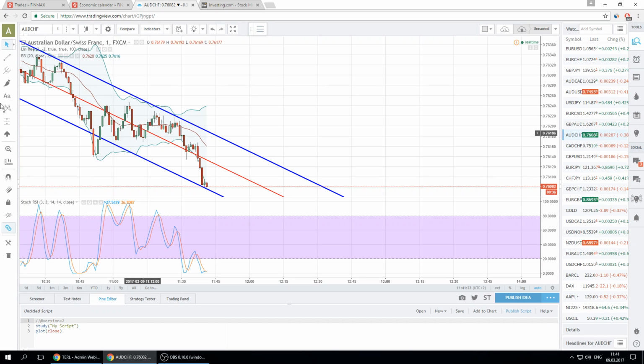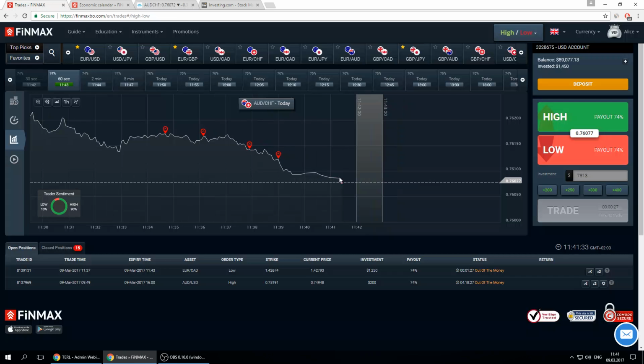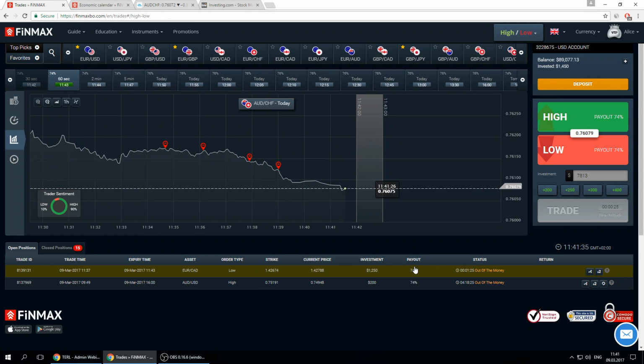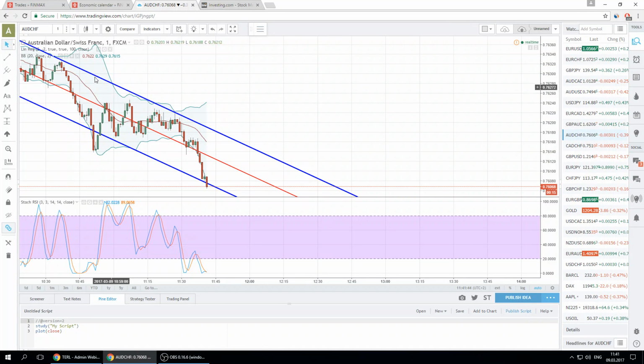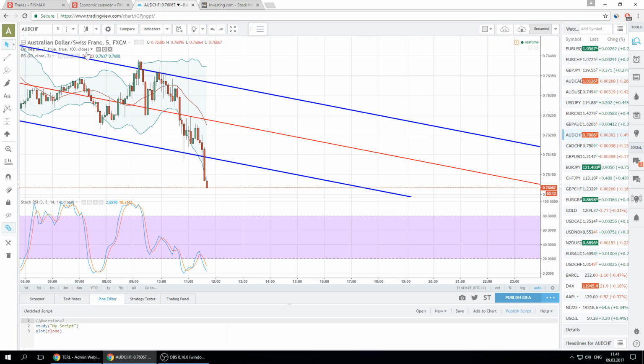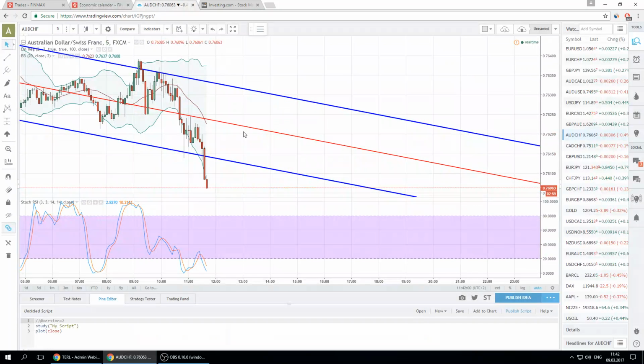We need to wait for a better signal. And on the 5 minutes it's the same situation, you see that it's falling and falling. So let's wait for a better entrance point.